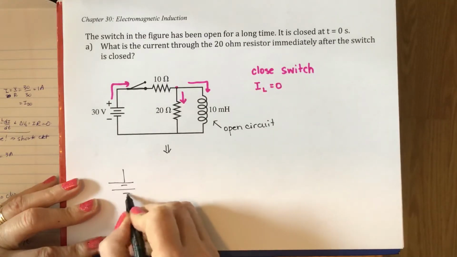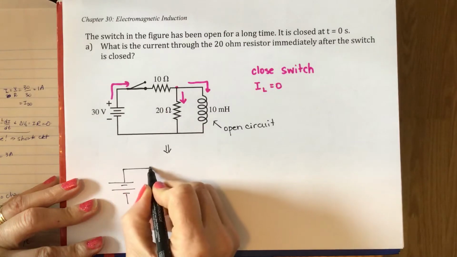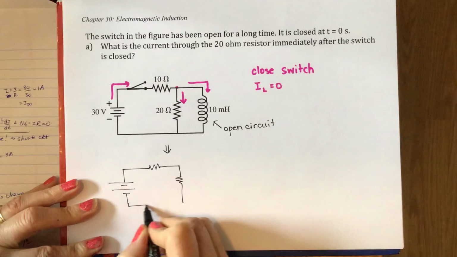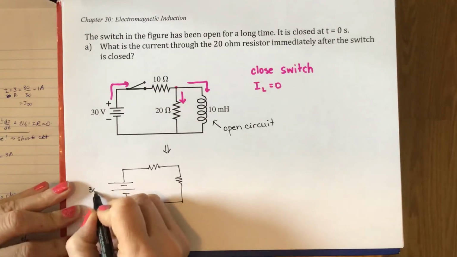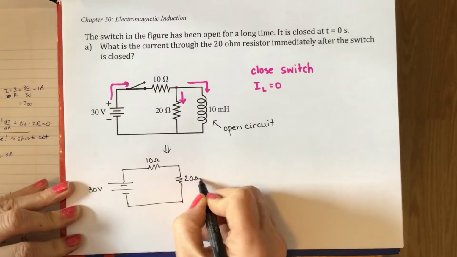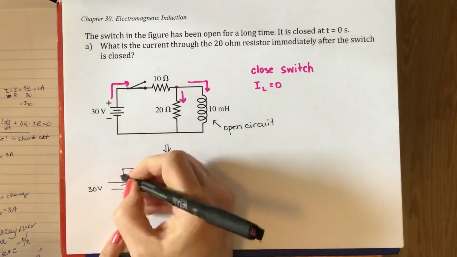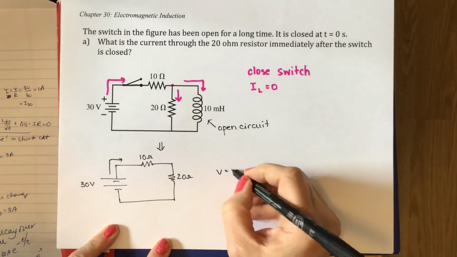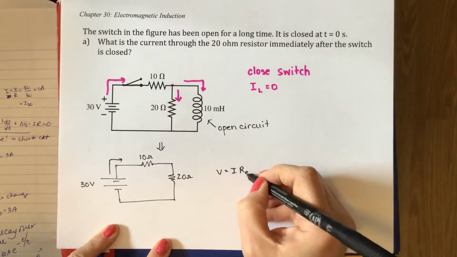So then the circuit we have left has a 30-volt battery, 10 ohm resistor, and 20 ohm resistor. If we want to find the current in our circuit, here's our current flowing. We know V equals I times R equivalent.